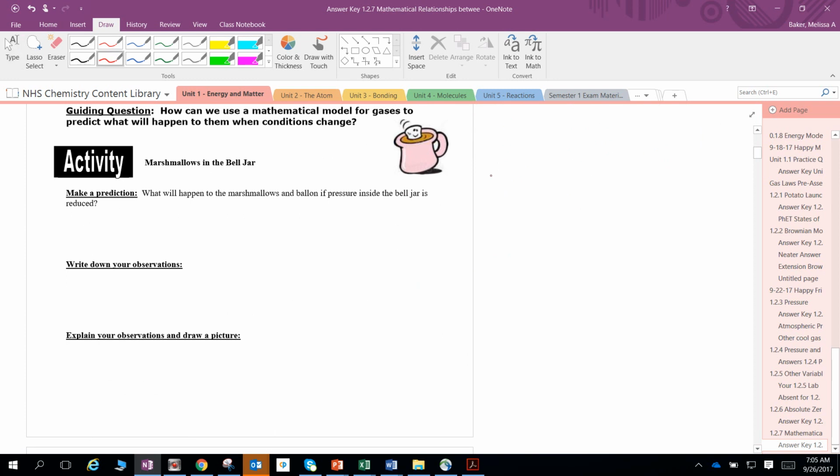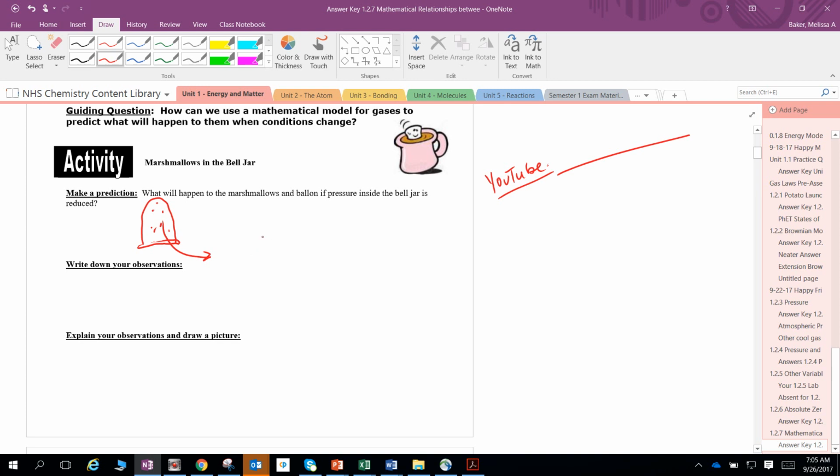There will be a link that you should click on so that you can actually see what happened with the bell jar experiment. But what you're supposed to do is predict what will happen to marshmallows and a balloon if we create this tiny little atmosphere where we can actually remove the gas particles. We create almost a vacuum. There's still a few gas particles.